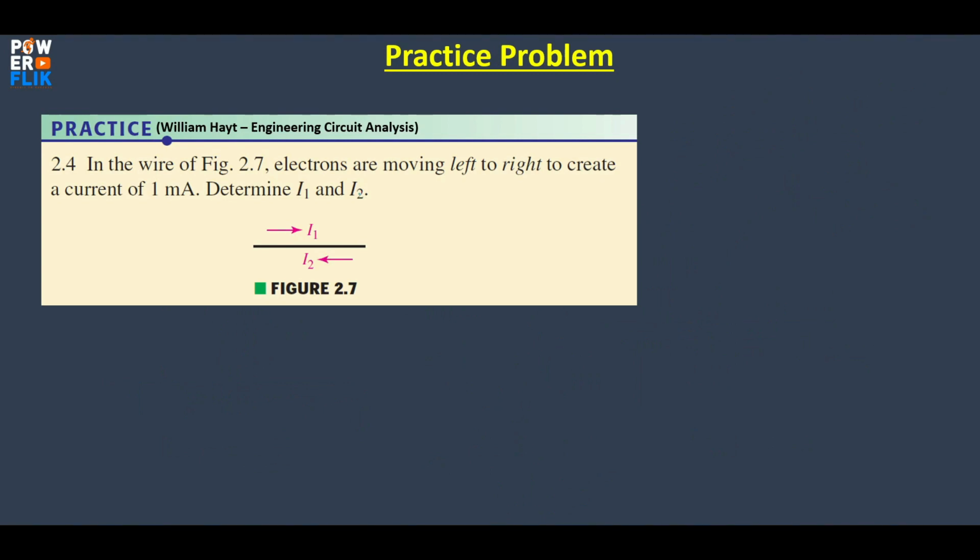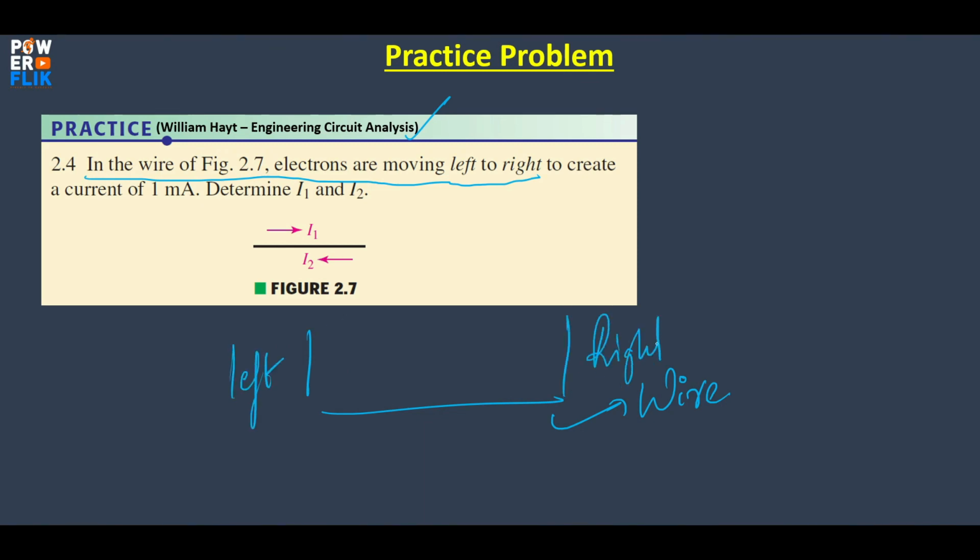This problem is taken from William Hayt's Engineering Circuit Analysis. According to this problem, there is a wire. In the wire, electrons are moving from left to right.